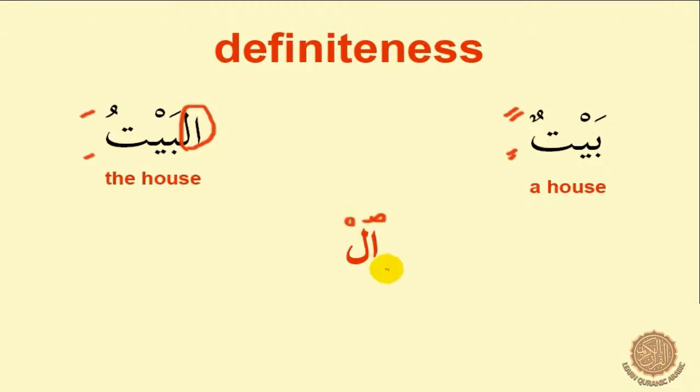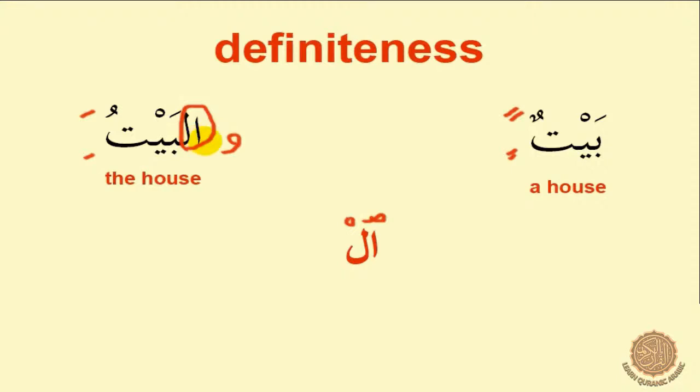Now knowing that this is a hamzat al-wasl, we know that with hamzat al-wasl, if it starts off a sentence, it's pronounced. So, al-baytu. But if there's something before it, let's say a waw, what happens? It's wal-baytu. So this is not pronounced because it's in the middle of a sentence.